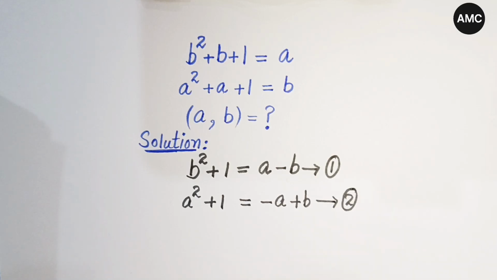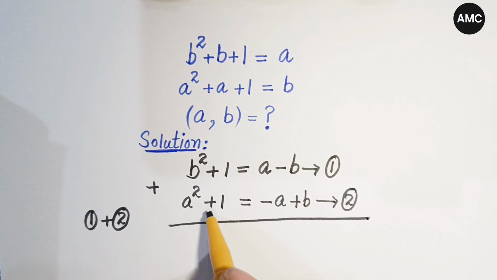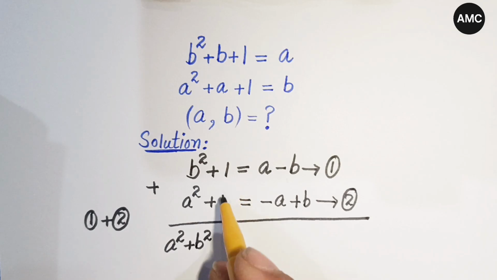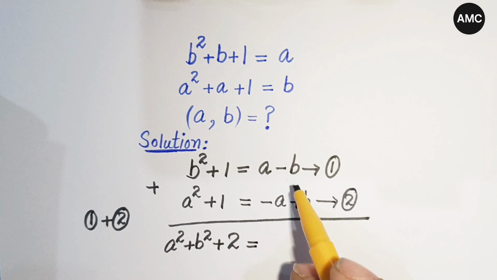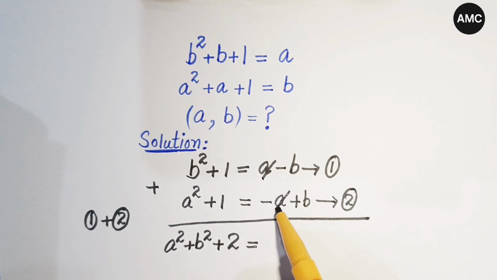Now if we add these two equations, adding equation 1 and 2, we will get a squared plus b squared plus 1 plus 1, which is plus 2, is equal to, now we see that this plus a is cancelled out with minus a and minus b is cancelled out with plus b, so we have 0.